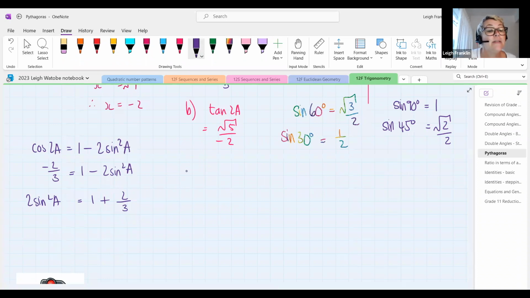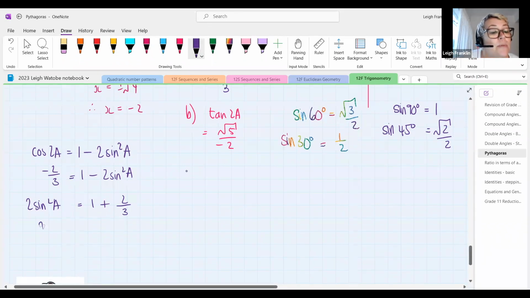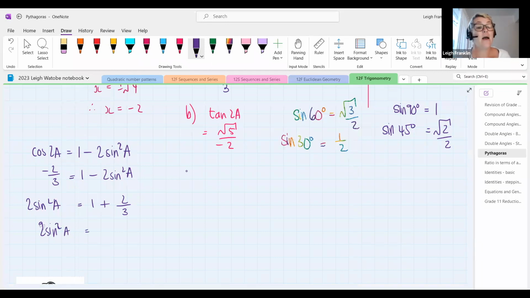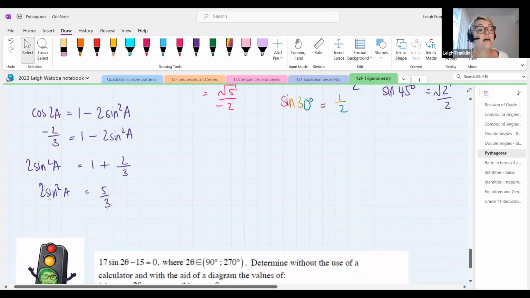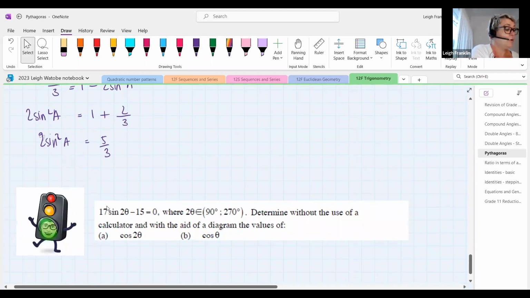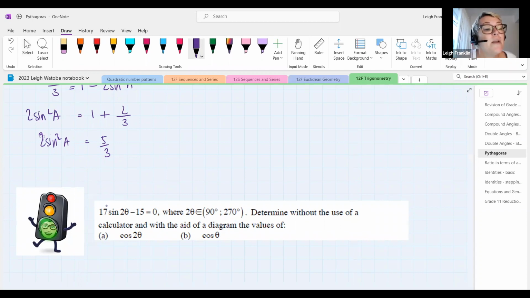So 2 sine squared a is equal to 1 plus 2 over 3, which gives me 5 over 3. Now I need to divide both sides by 2. That's going to give me 5 over 6. So sine squared a is going to be equal to 5 over 6.